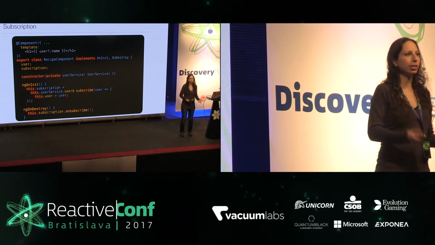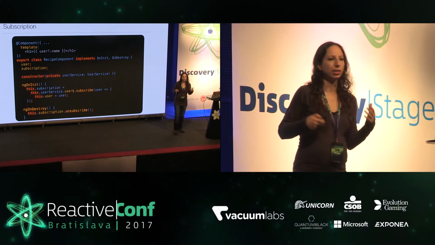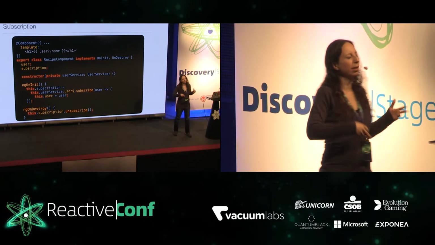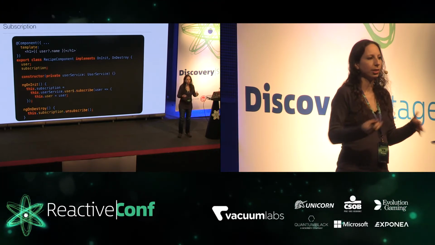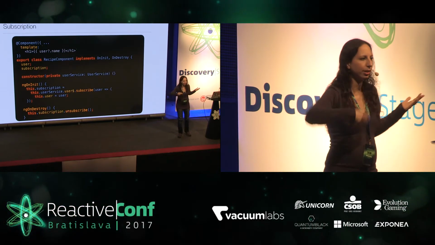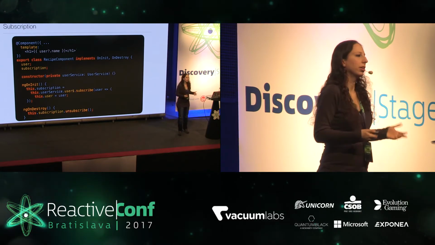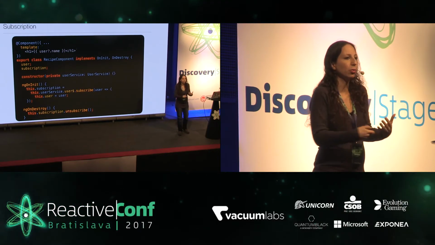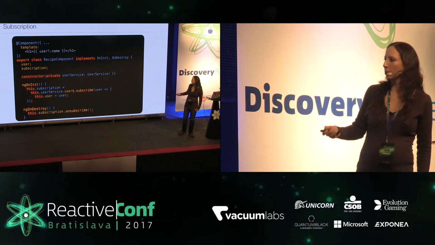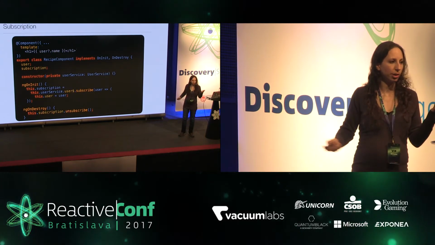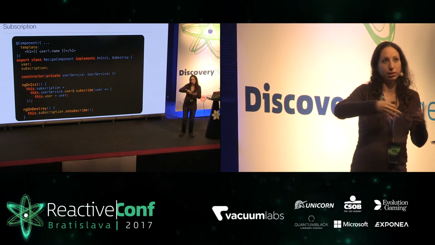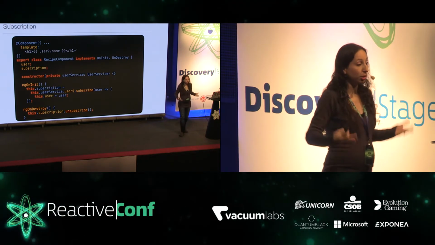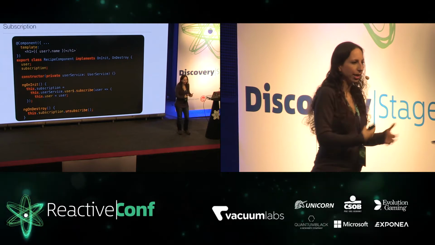Now when you subscribe to the user, like I said before, if you don't subscribe, then nothing happens. The user can log in, log out, and so on, but nothing really will happen. No one will listen to this. Only once you have at least one subscription, the observable saves all its subscriptions and counts them.